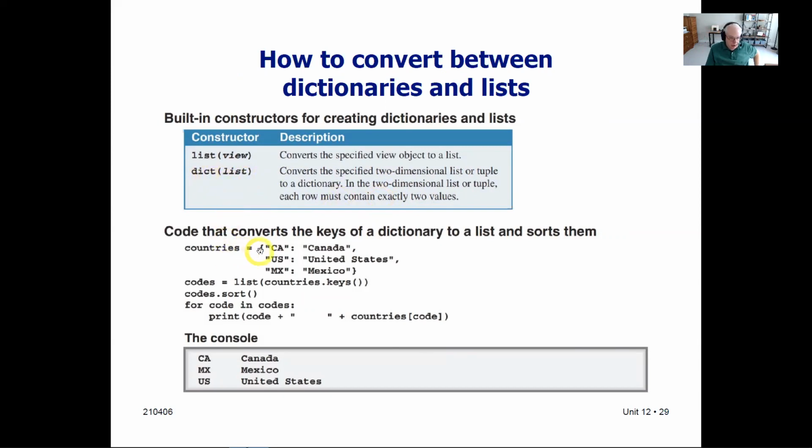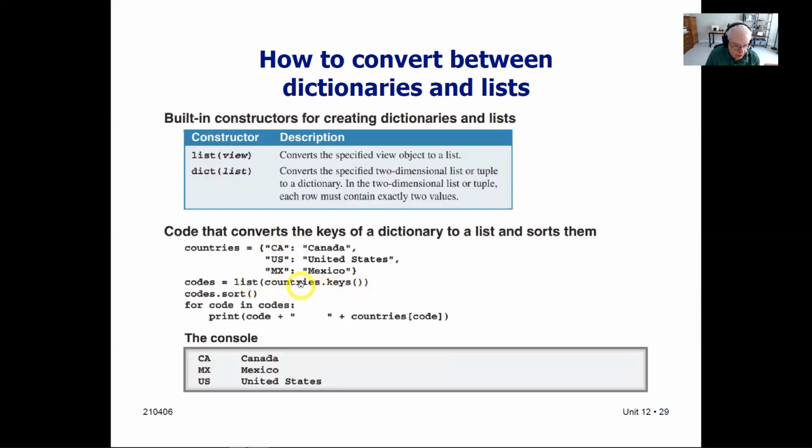So here is our dictionary that we're creating. We can tell it's a dictionary because it's enclosed in braces. And then we do a twofer here. We're going to create codes again, and it's going to be a list, okay? Because inside the list method here, we are using the list constructor method.